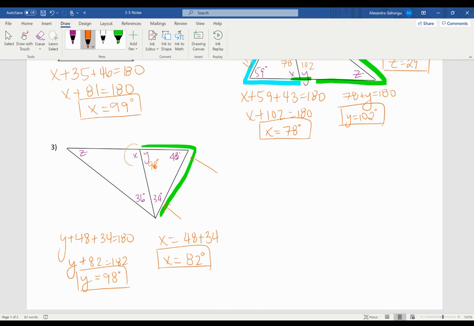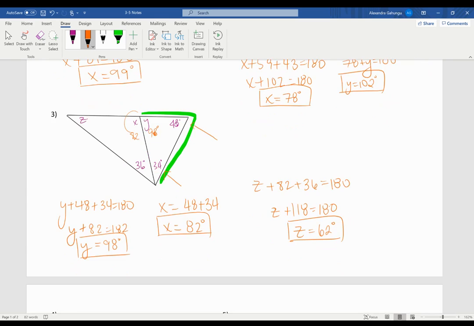And now that we know that this is 82, we know that z plus 82 plus 36 should add up to 180. Add it all together, and I get 118. And so z is 62 degrees. Okay, so that's using both of those.